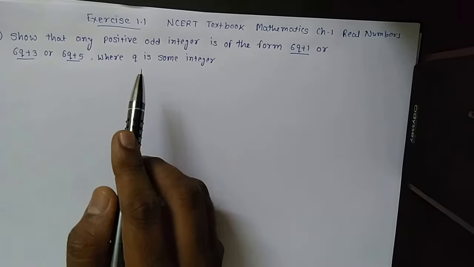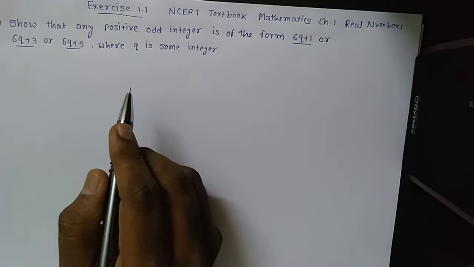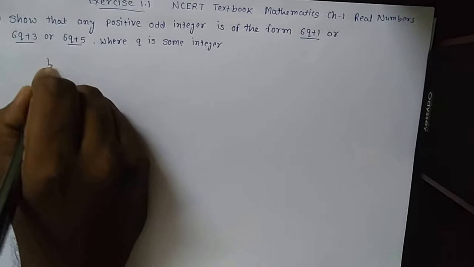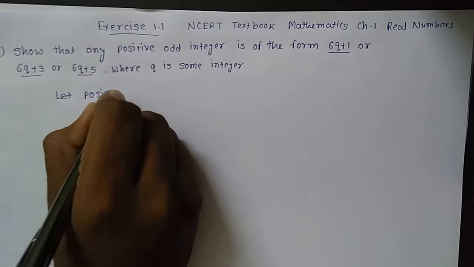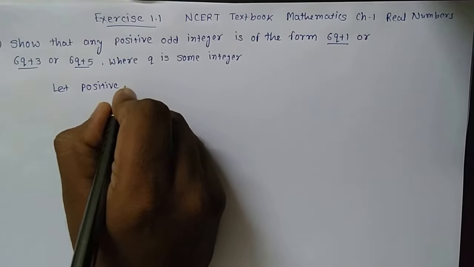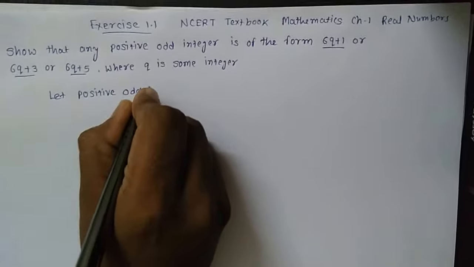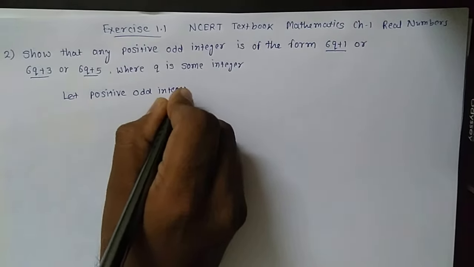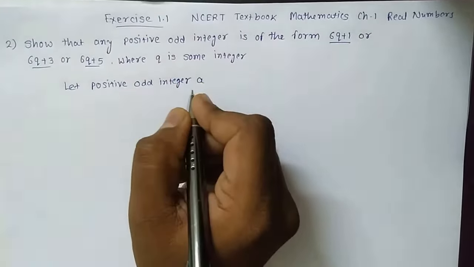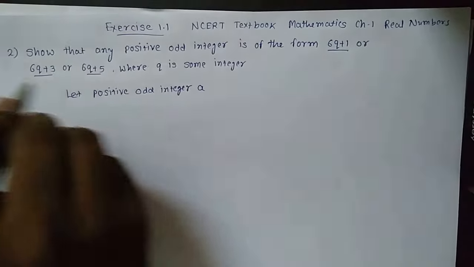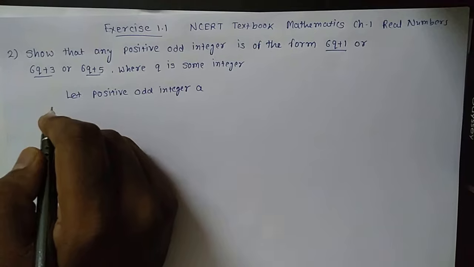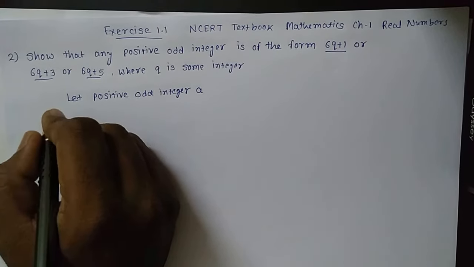Before proving that, let us consider a positive odd integer a. Now we should try to divide a by 6, as we need to get the form with 6. So here I will try to divide a by 6.